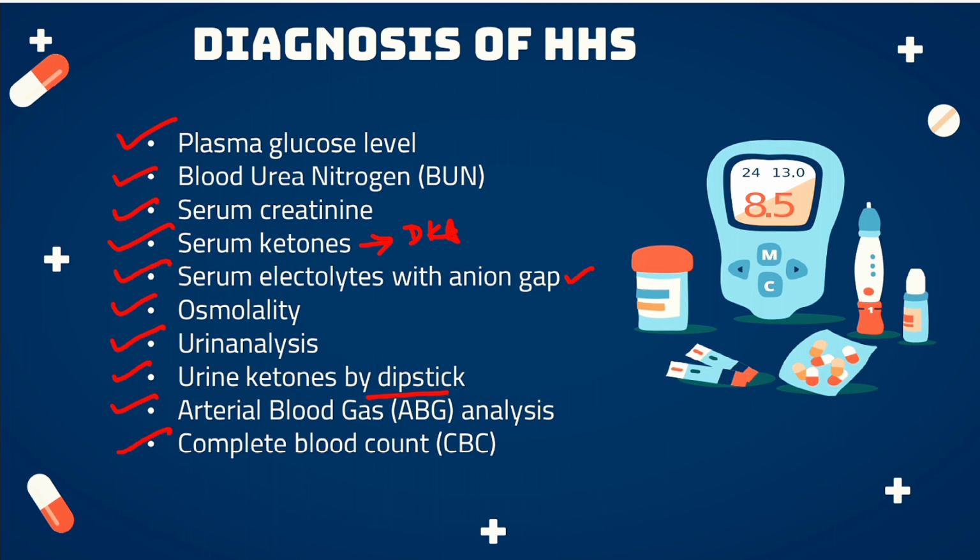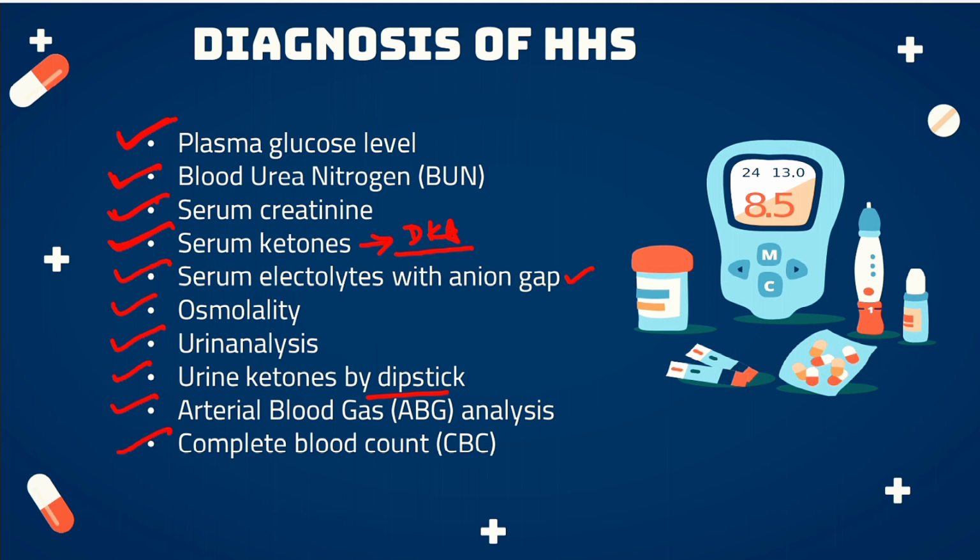So let's see what are the lab investigation methods by which we can confirm the diagnosis of HHS. We need to assess the blood glucose level, blood urea nitrogen, serum creatinine, and serum ketones to differentiate it from a diabetic ketoacidosis-like condition.